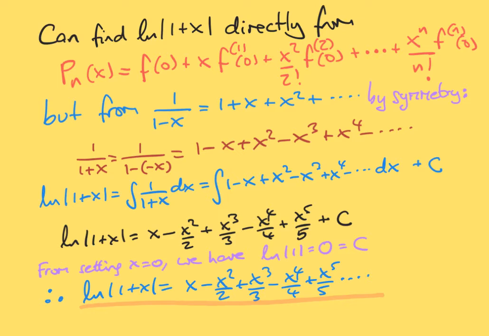But this is indeed the expansion, and it's a good exercise to show that you regain this from this formula with f of x being the logarithm of the modulus of 1 plus x.